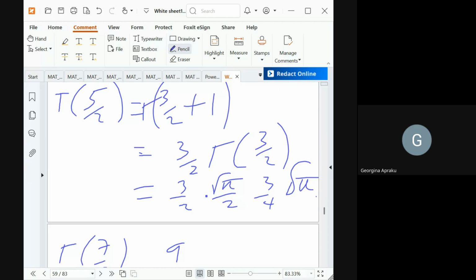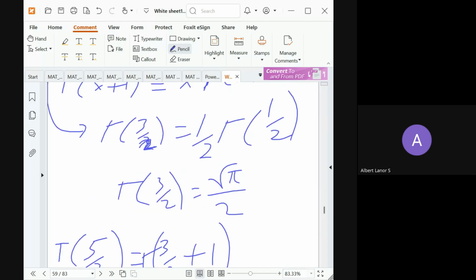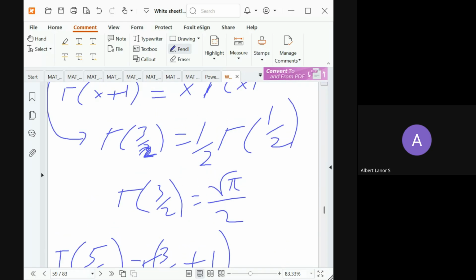So then how did you get gamma of 3 over 2 to be root pi over 2? Oh, we showed that. So gamma of 3 over 2 is half of... you bring the x out, x times the gamma of the previous.